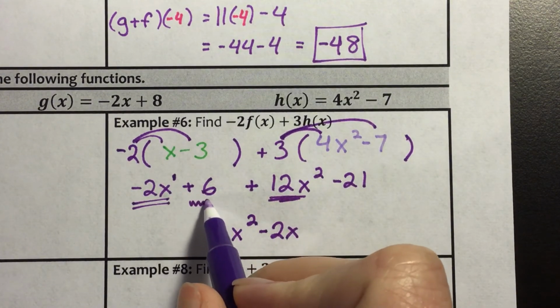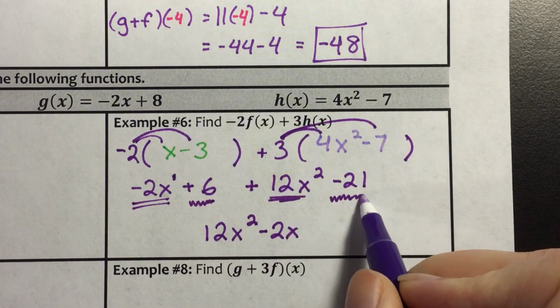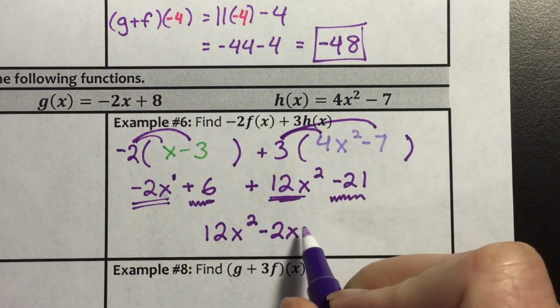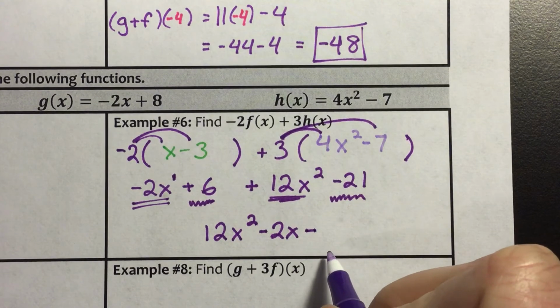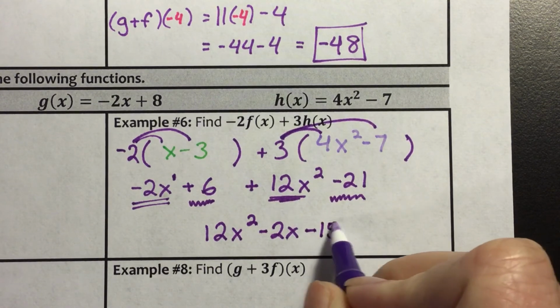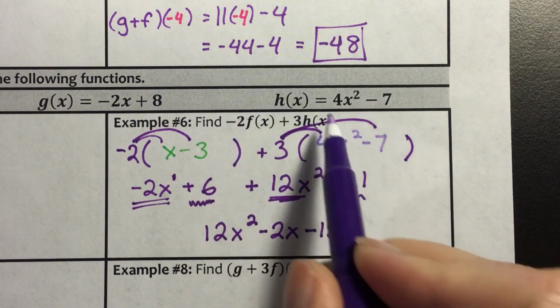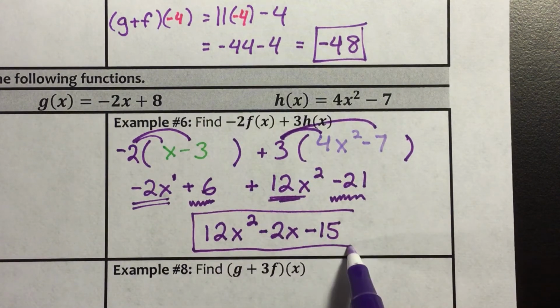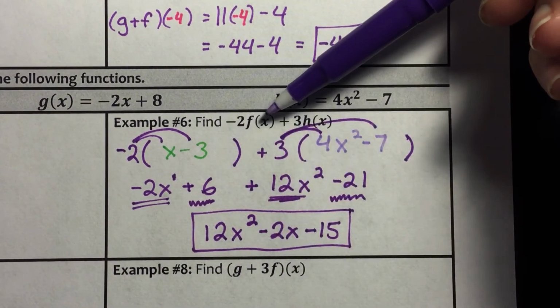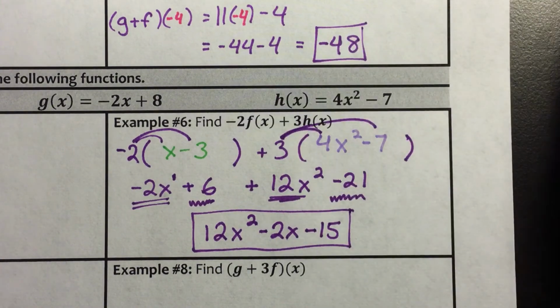And then our last two terms are like terms. Positive 6 minus 21 is negative 15. Okay, so our original problem equals 12x squared minus 2x minus 15. We are not plugging a number in because it still had x's inside those parentheses.